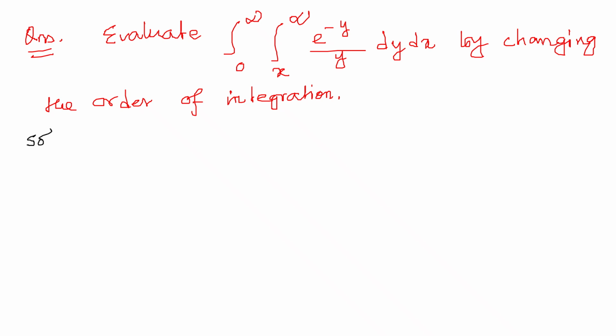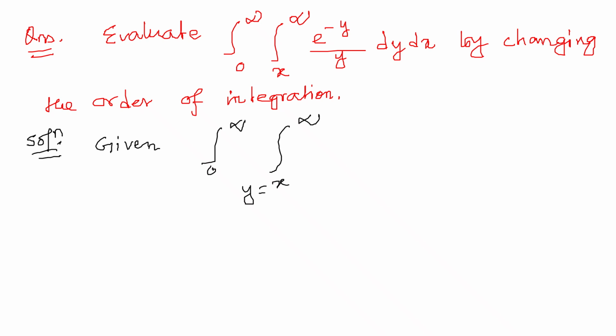As in the previous question, in the same manner we will identify exactly what the limits are. In the given question, the limits 0 to infinity are fine. But in the second one, x to infinity is given, which obviously is the limit for y, and y goes up to infinity.